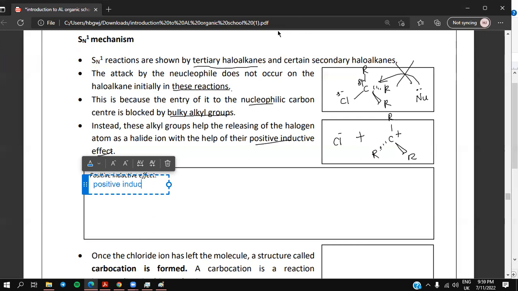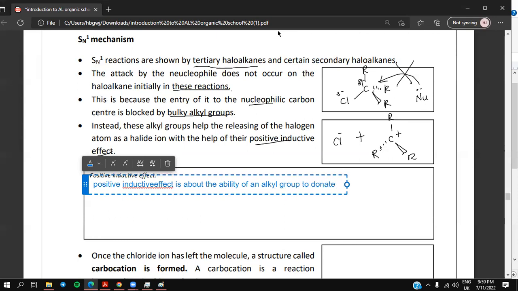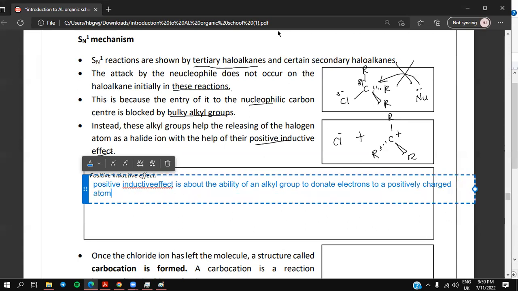Positive inductive effect is about the ability of an alkyl group to donate electrons to a positively charged atom to which the alkyl group is attached.